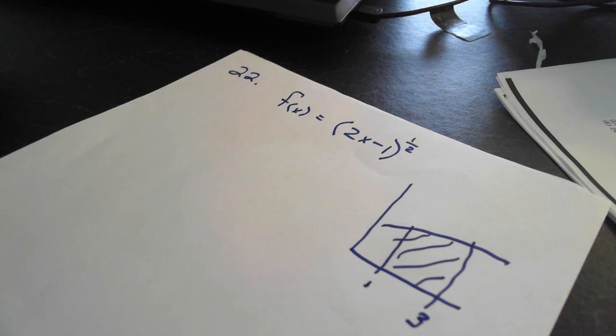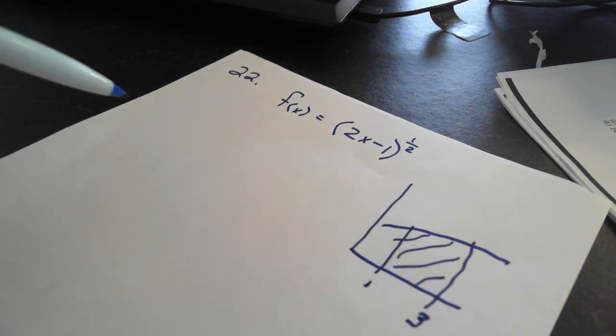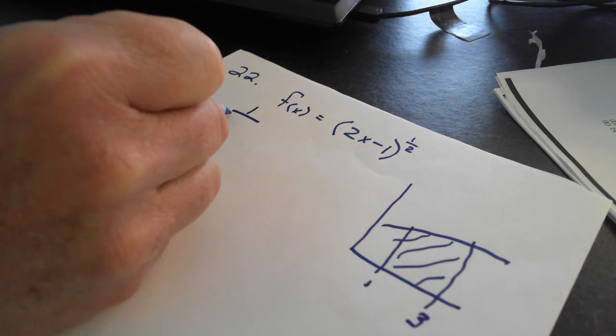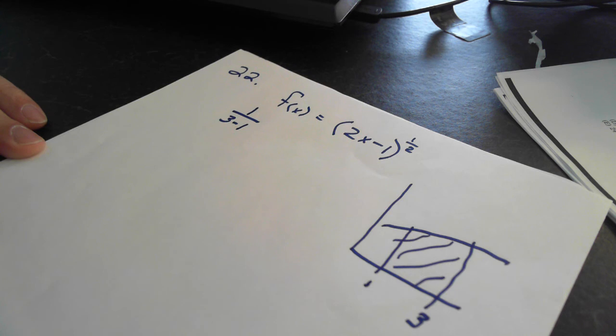Height is average value. The average height would be this area divided by the width. The official way they do that is 1 over 3 minus 1, so in other words we're going to do 1 half wide.